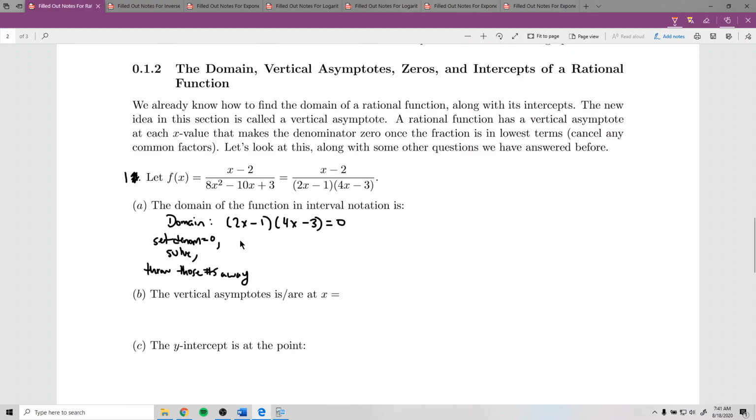It's set equal to 0 because that's what we have to set it equal to. So we set 2x minus 1 equals 0 and 4x minus 3 equals 0. Each factor equals 0. The one on the left, we would add 1 to get 2x equals 1, and then divide by 2 to get x equals 1/2. The one on the right, we would add 3 to each side, and then divide by 4, and we get x equals 3/4.